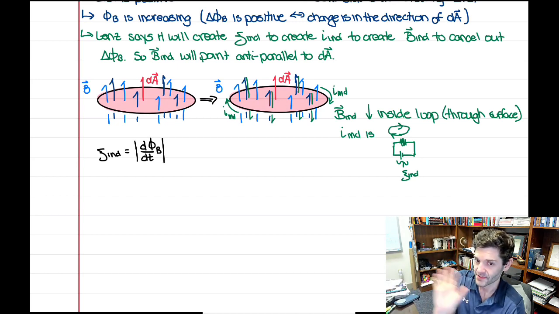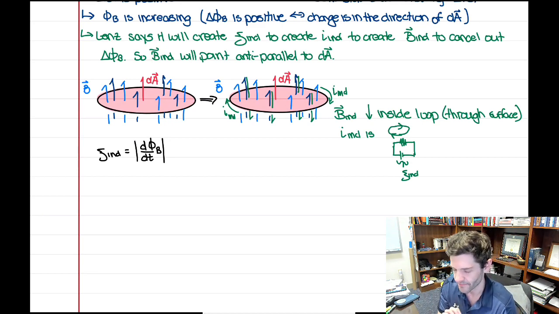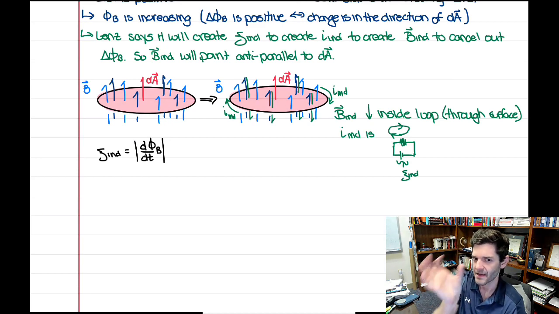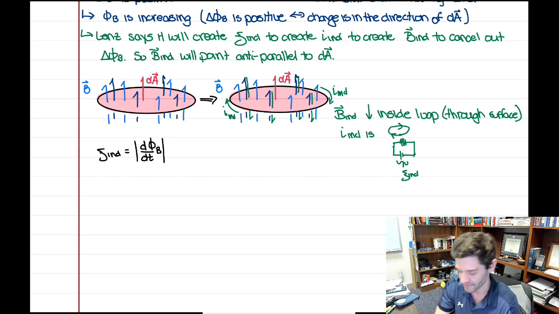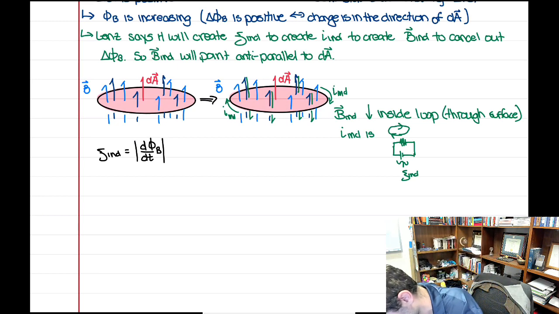Whatever you get, just the positive number is the induced EMF. You do have to be a little bit careful if you have a function where the induced EMF can change signs. Then the negative might be meaningful, in which case you want to make sure you're explaining it in a way that's correct. So I might say, as a caveat, unless your change in flux is switching between increasing and decreasing.